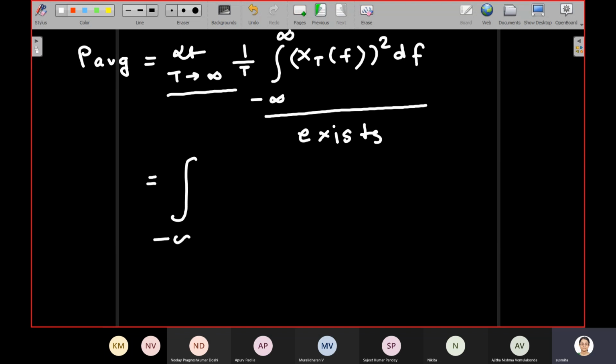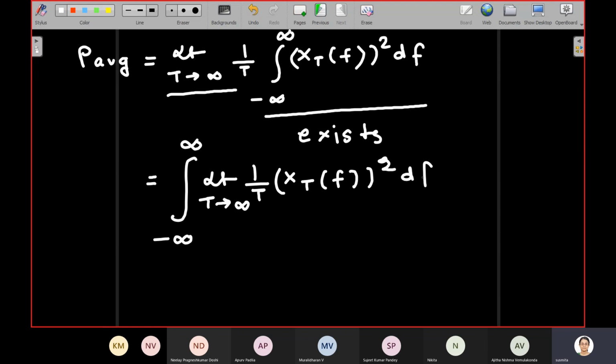So we can put the limit inside. And then on the left side we have power, right? Actually we are getting average power.